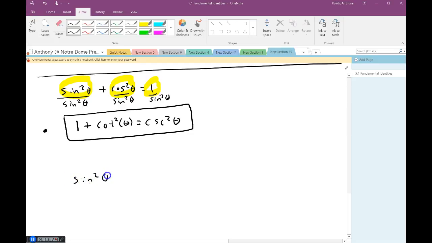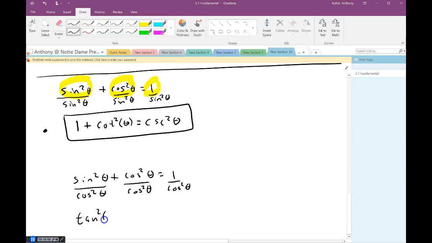And similarly, if I start with that first Pythagorean identity, but this time instead of dividing both sides by sine squared, I divide both sides by cosine squared, I'm going to get yet another Pythagorean identity. What is sine squared over cosine squared going to be? Well, sine over cosine is tangent.